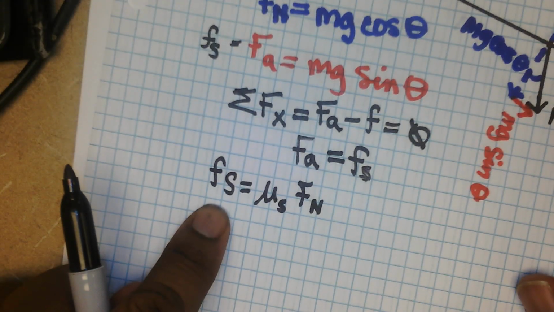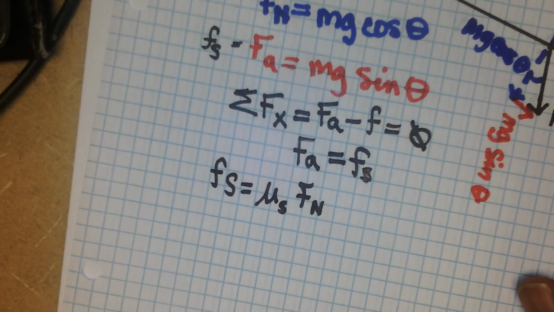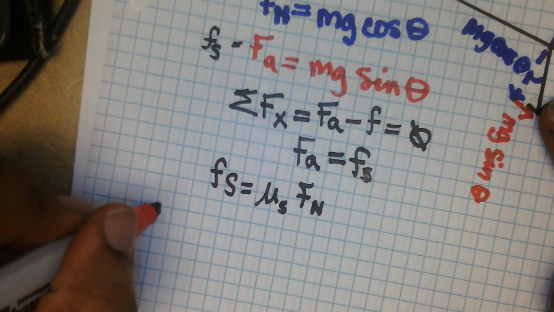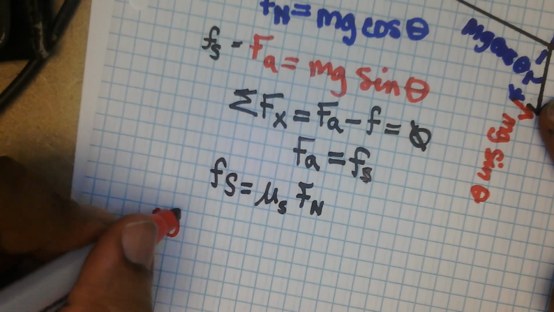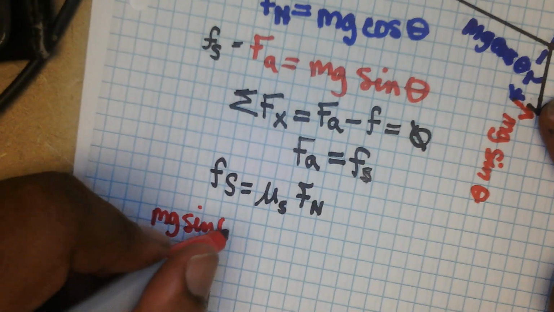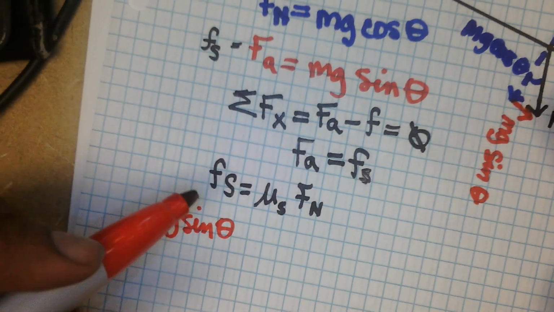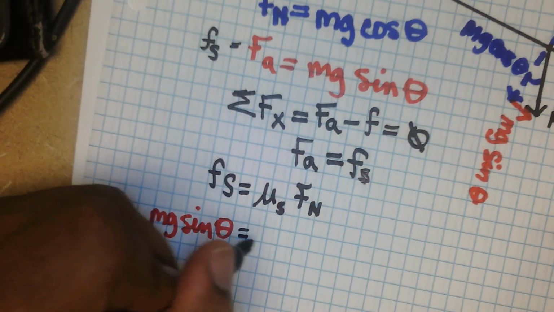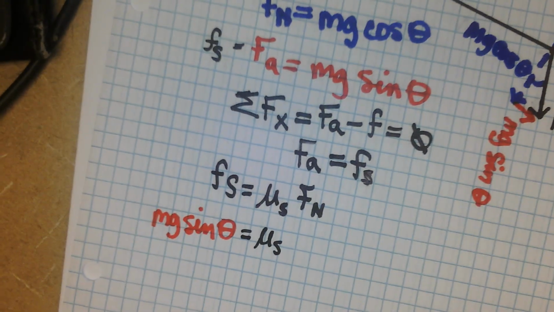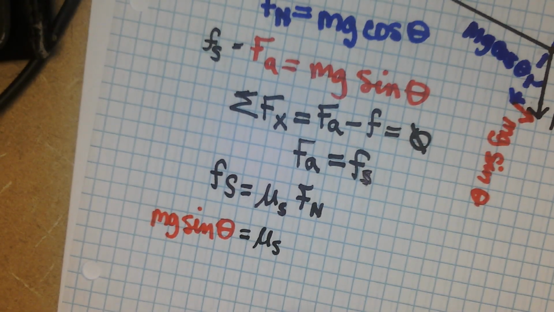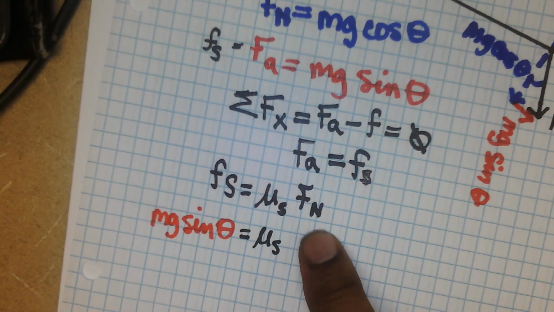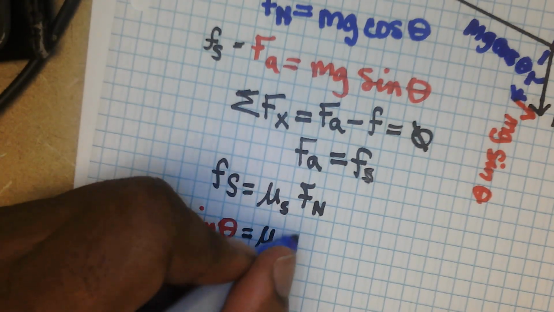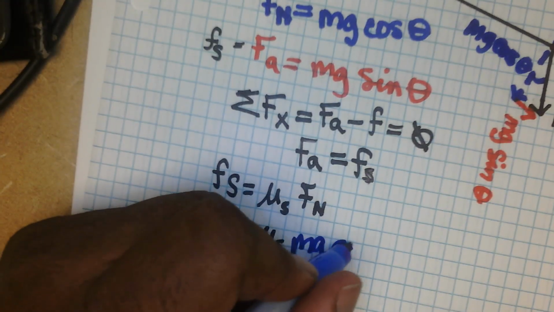Fs is Fa, which is also mg sine theta. Okay? Now, that equals mu s times Fn, but Fn, let's substitute again, that equals mg cosine theta.